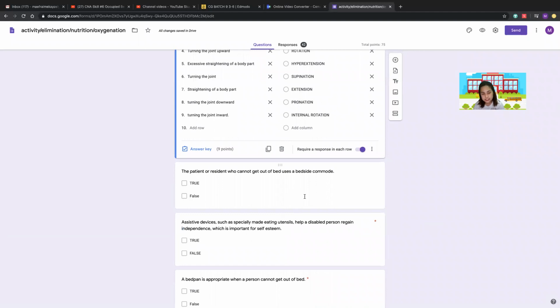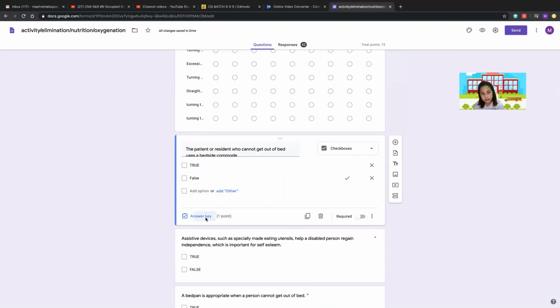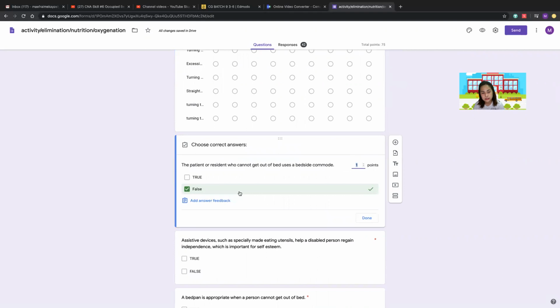The patient or resident who cannot get out of bed uses a bedside commode. True or false? The answer is false. Why?